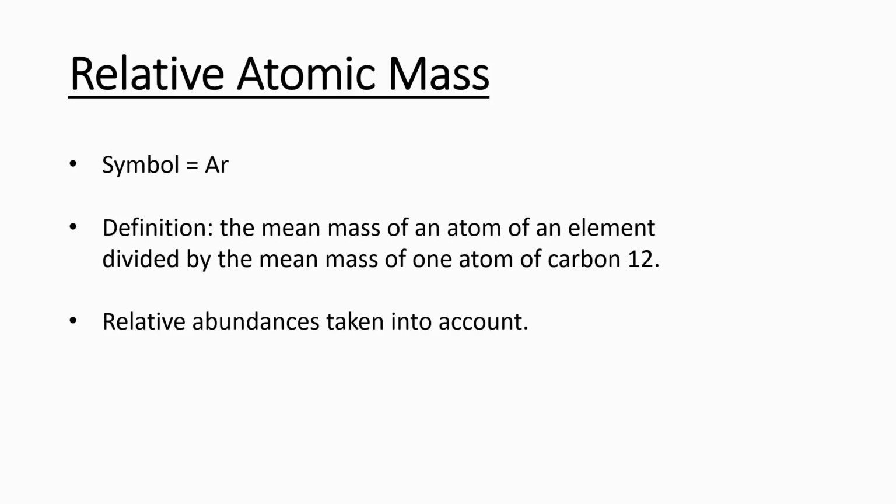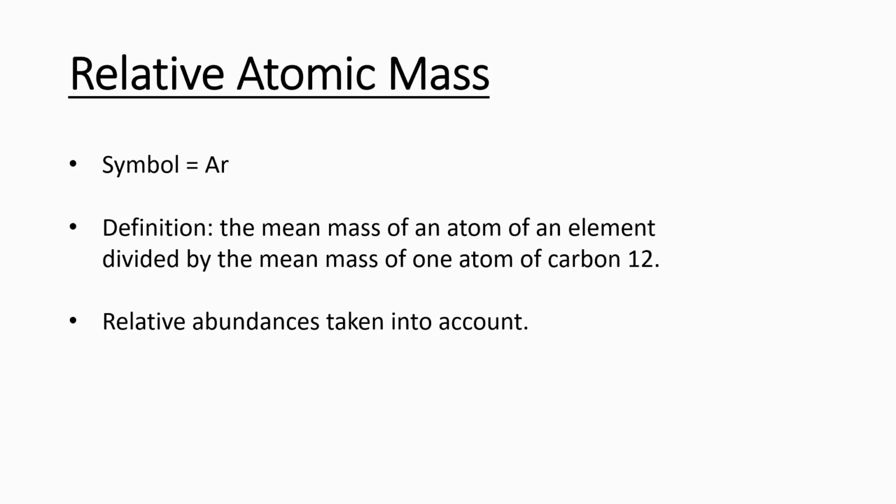So for example, we know that the relative atomic mass of helium is 4. And if we compare one atom of helium to one atom of carbon, then the mass of helium will be 3 times less than carbon. So that's a mass of 4 compared to a mass of 12.